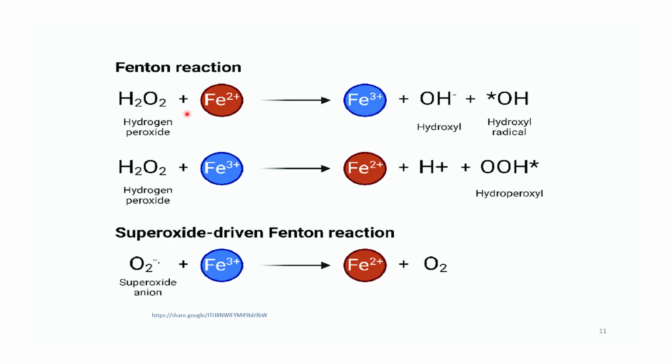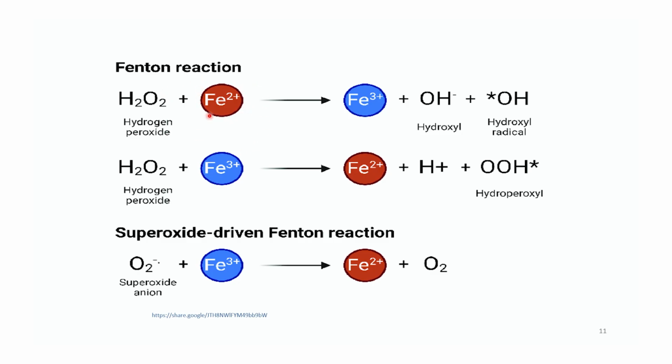So basically you put in hydrogen peroxide, which acts as a fuel. You are putting in some iron oxide nanoparticles, or you can also put iron-doped carbon dots into it.